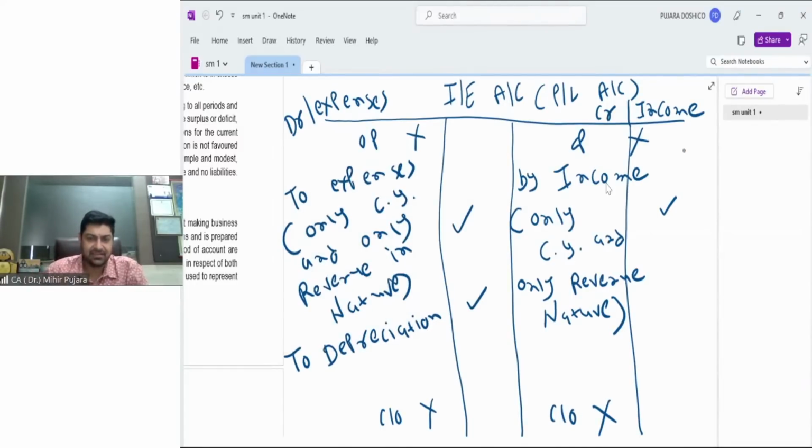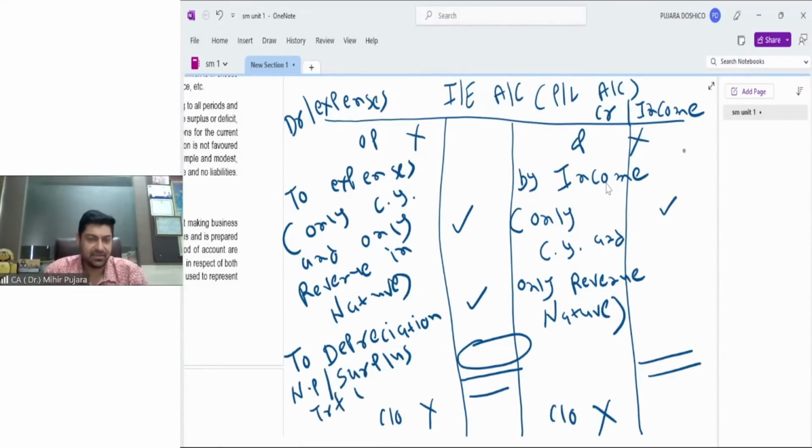And what is called net profit? Net profit here is known as a surplus. It is not known as a net profit.